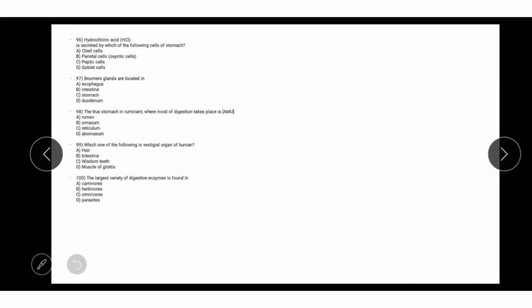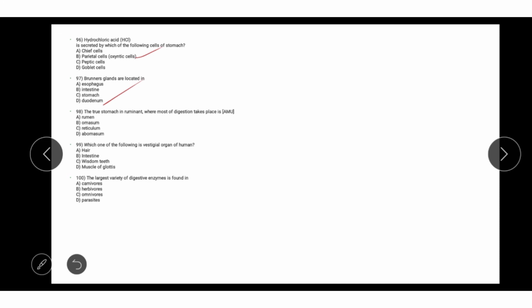The 96th question asks, hydrochloric acid is secreted by which cells of the stomach? It is the parietal cells or the oxyntic cells. Brunner's glands are located in duodenum.